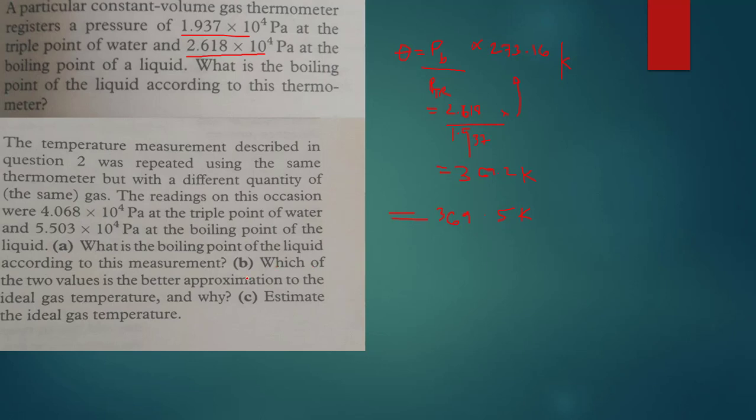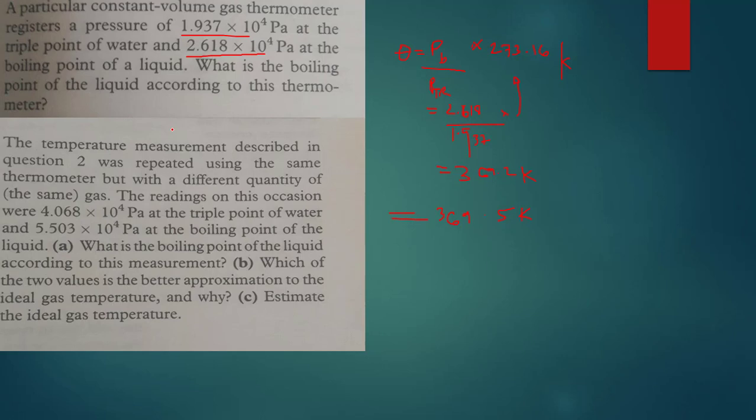And which of the two values is the better approximation of the ideal gas temperature and why? We know an ideal gas is a gas that exists in ideal conditions which are non-existent, for example, with forces we say there is no friction, perfect conditions. But in real sense our thermometers use real gases.